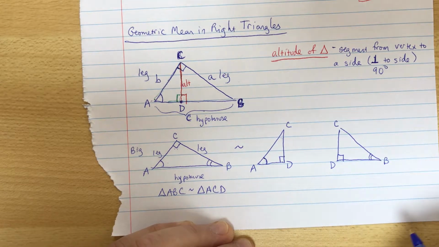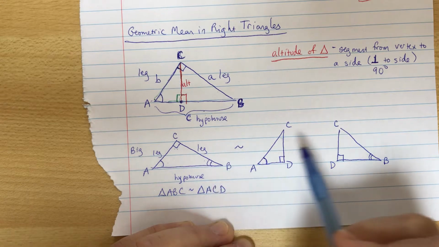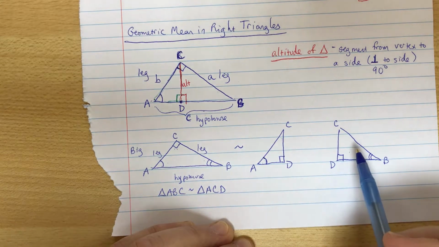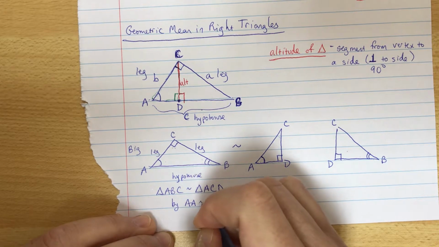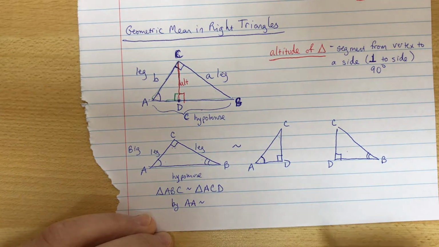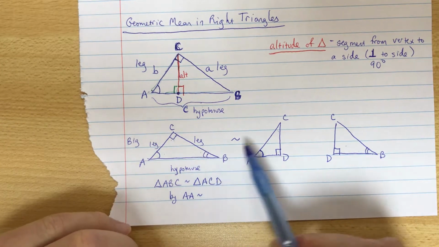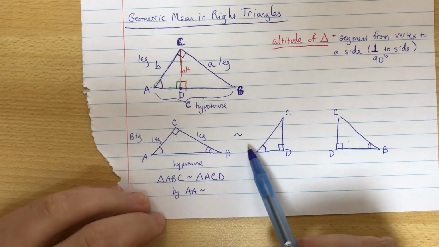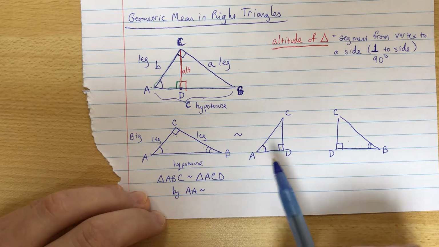Again, these are similar by angle. The similarity postulate is angle similarity: if two pairs of corresponding angles are congruent, then the triangles are similar. They have the same shape, but the sizes are proportional.